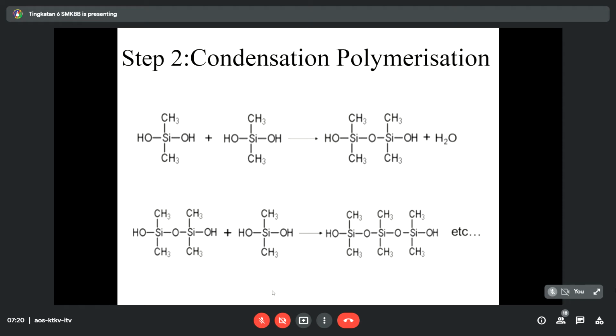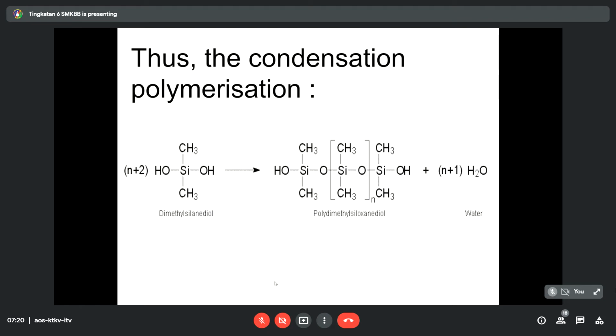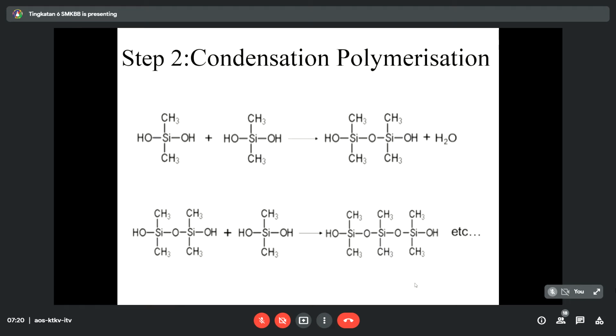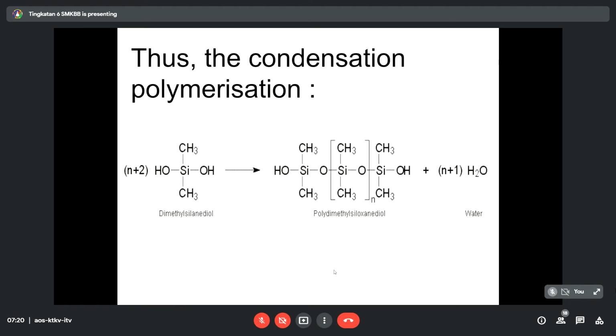So as a summary, for condensation, normally we don't have to write 1, 2, 3 and so on. In general, 1 unit becomes plenty of units with an n, with the elimination of water.